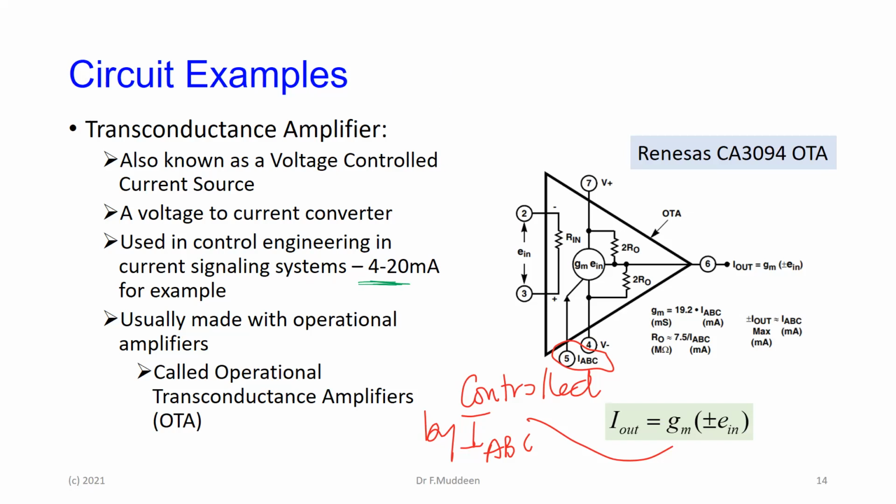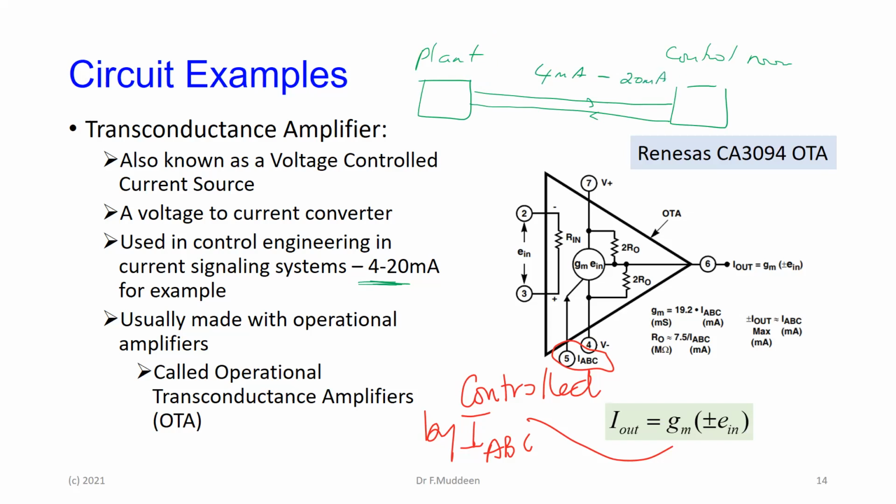So you have some part of the plant, and then you have the control room, and you have a current loop. Essentially, it's DC current going back and forth, and the current carries a low of 4 milliamps to a high of 20 milliamps.